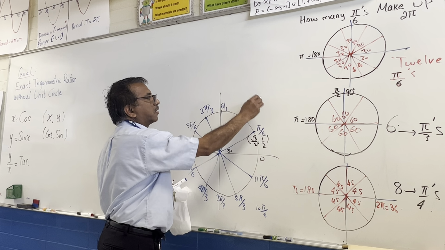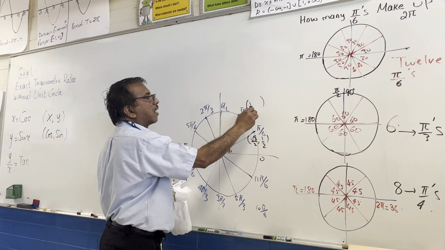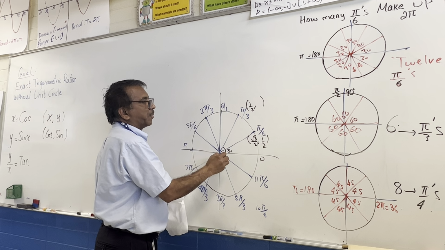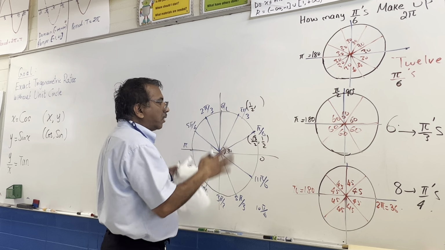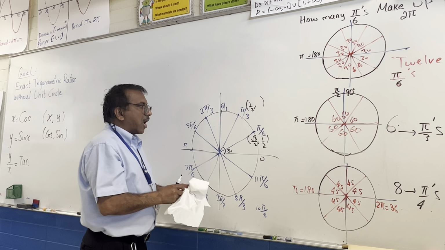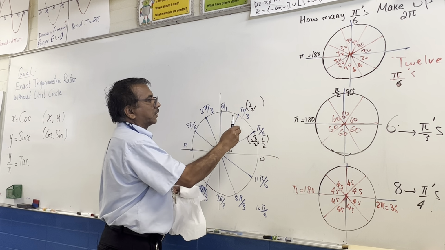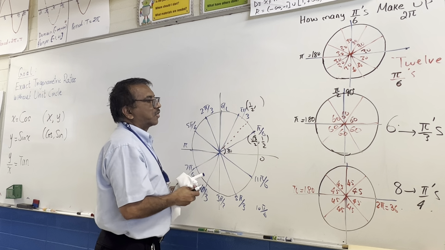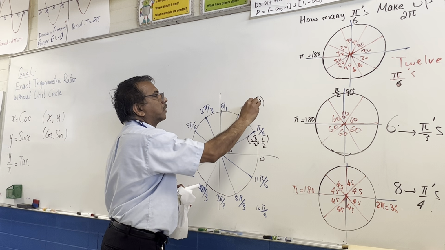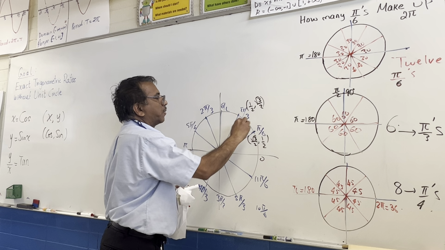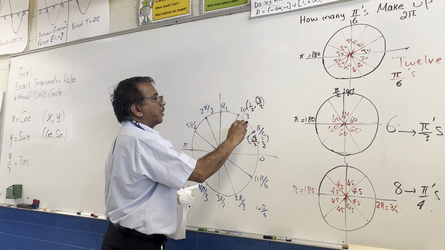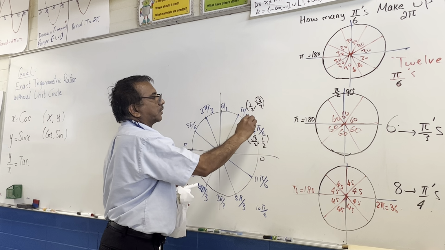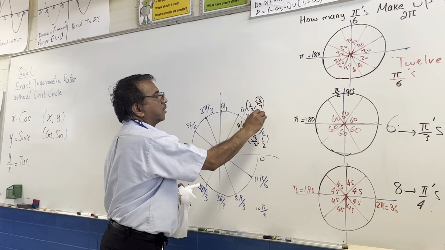This one is just the opposite, half at 60 degrees. And so on. So we all know this, and then 45 also. So this is √3/2, and the 45, pi by 4, which is √2/2 and √2/2.